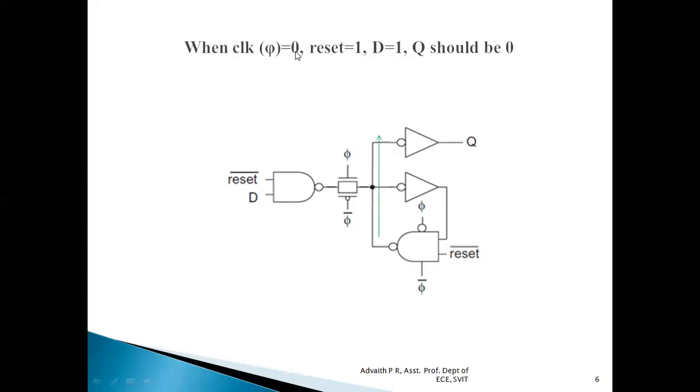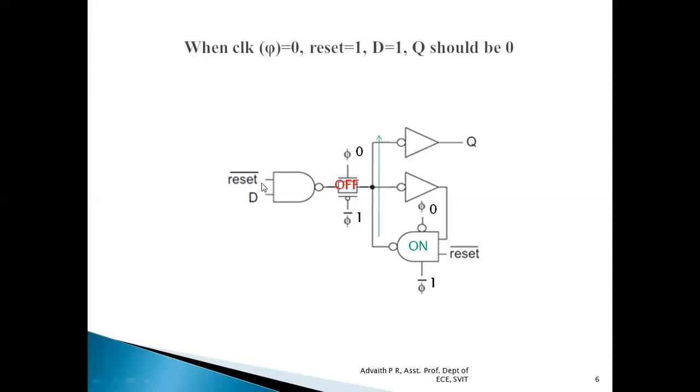It doesn't depend upon the clock signal as well. Let us see that. When clock is 0, clock bar is 1. 0 is given as the gate input of this NMOS, and 1 is given to the gate input of PMOS. So this transmission gate is off. It acts as an open switch. Whereas this NAND which is present at the feedback is turned on.